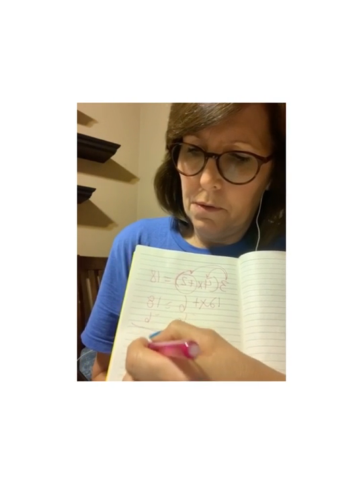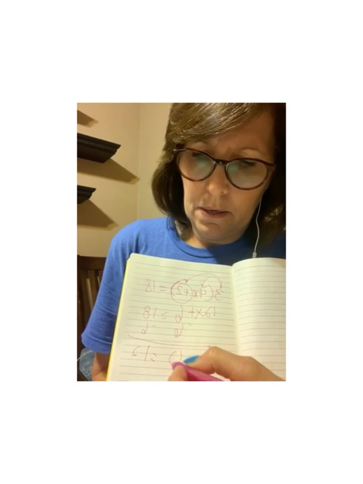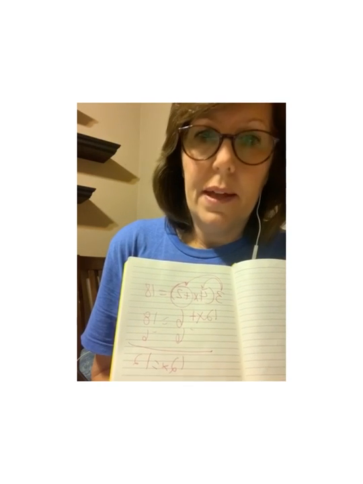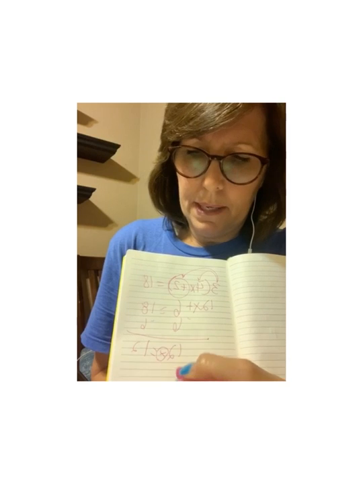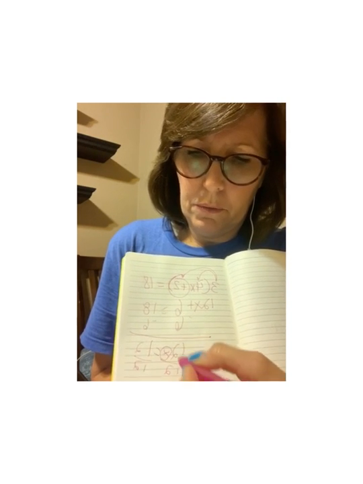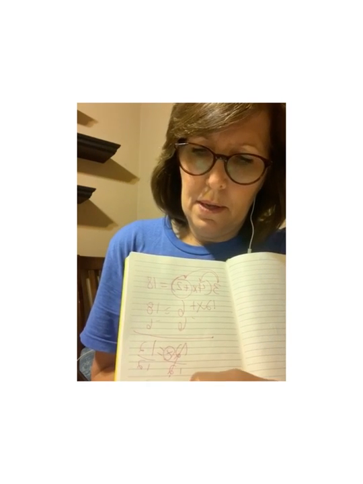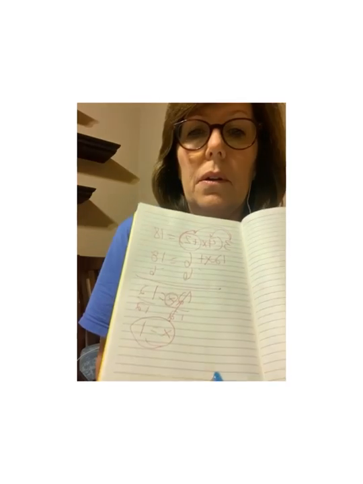This would be 12x. And then we want to get the x by itself, or isolated. So we're going to divide by whatever number is with that to get rid of it. And that is x equals 1. So that would be our answer.